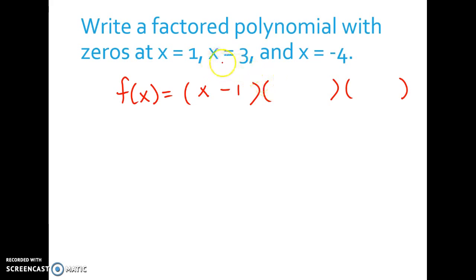The second factor will have a solution, if I set it equal to 0, of x equals 3, so how about x minus 3? And the last one will have a solution of x equals negative 4 if I set it equal to 0, so how about x plus 4? Each of these factors, if you set them equal to 0, give you zeros at these points.